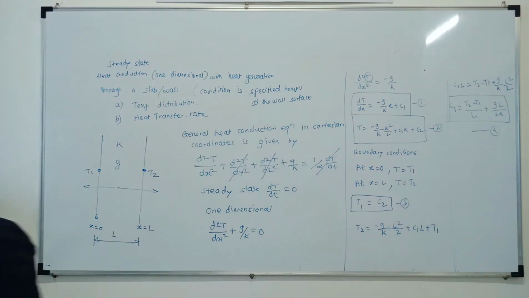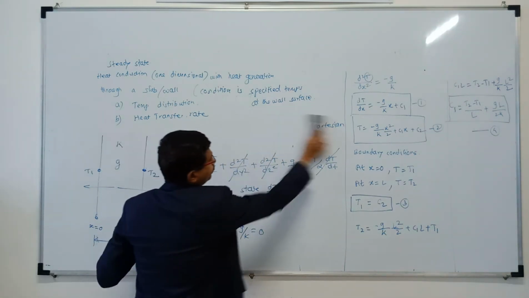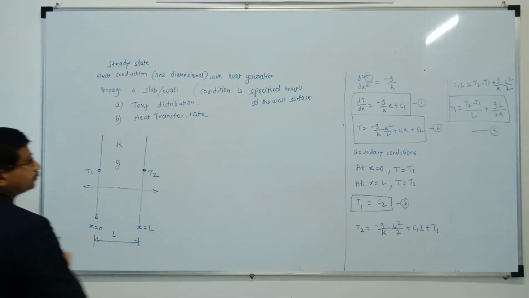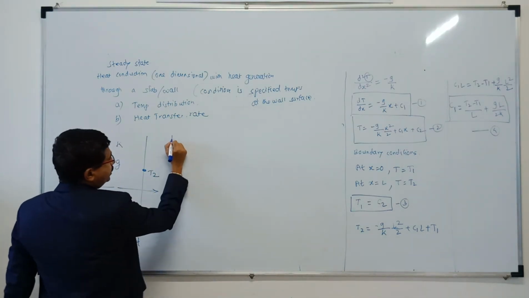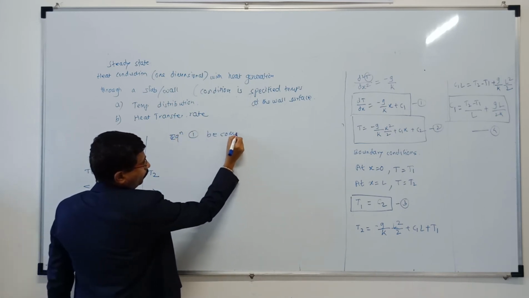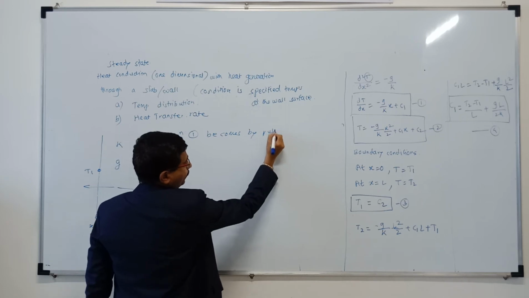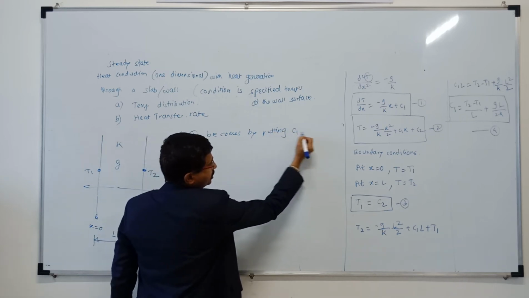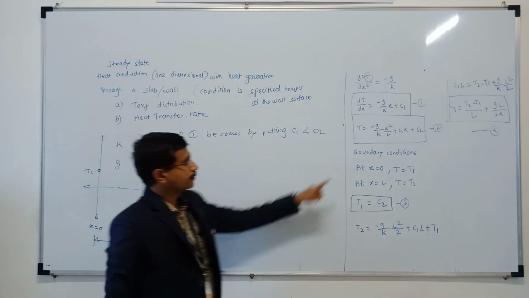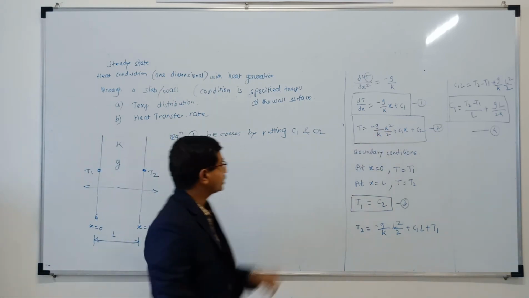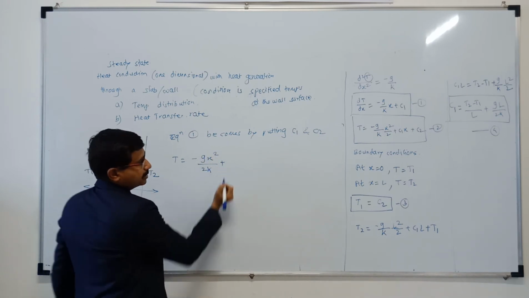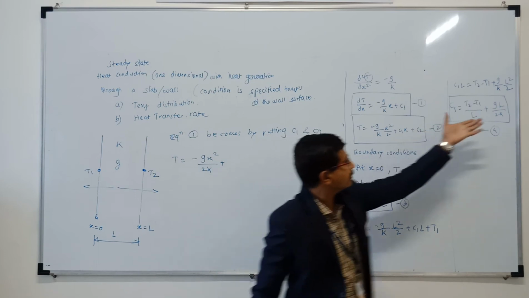Now equation 2 becomes, by putting c1 and c2, capital T is equal to minus g x square by twice k, plus c1 into x. What is the value of c1?